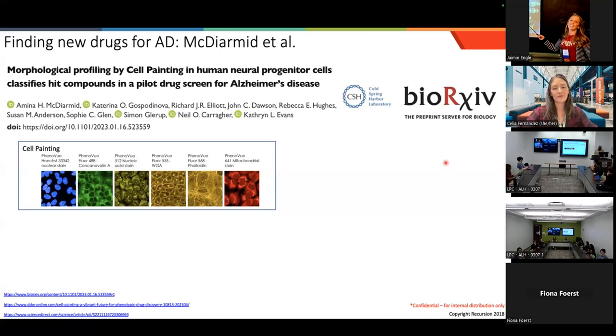First of all, what's your assay that can be used to screen? And so that's where this paper comes in. They are using this assay called cell painting. This is also what we use at Recursion, actually. So this is a way to visualize cells in a fluorescent microscope and visualize different parts of the cell.